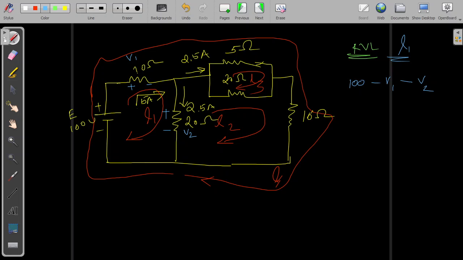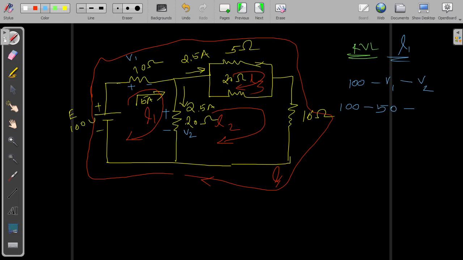V1, applying Ohm's law: we have current through the 10 ohm resistance 5 ampere and resistance 10. By Ohm's law V is equal to IR, so 5 into 10, so 50 volt. So I got V1 50 volt. So I will write 100 minus 50, then minus V2.